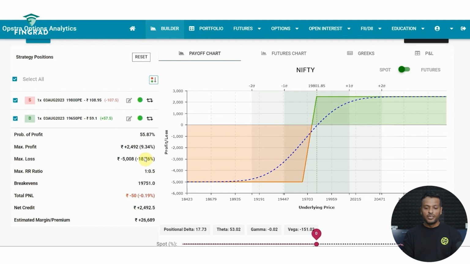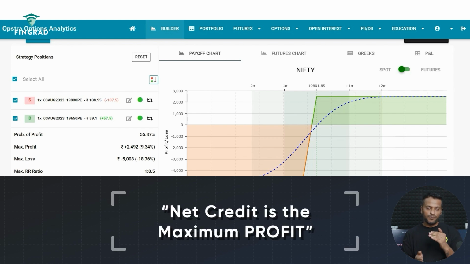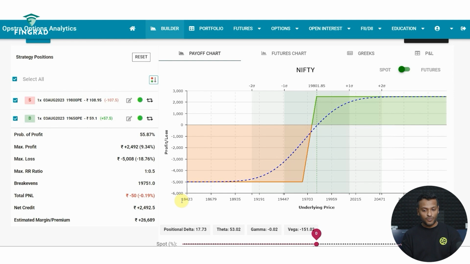What is the net inflow? Net inflow is about 50 units, which is the maximum profit in this strategy. Remember, you are expecting bullishness in the market. So whatever premium you pay or receive, the difference in case of put option will become a maximum profit because you're not expecting the market to come down. If the market comes down, you'll make losses.